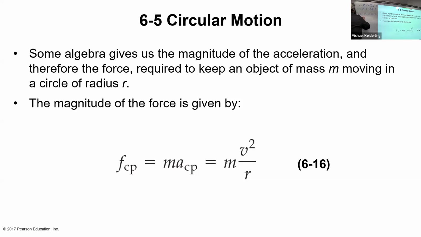And vy is the derivative of sine, which is cosine, so this is v cosine v over r t.